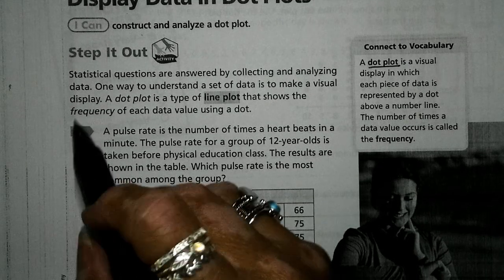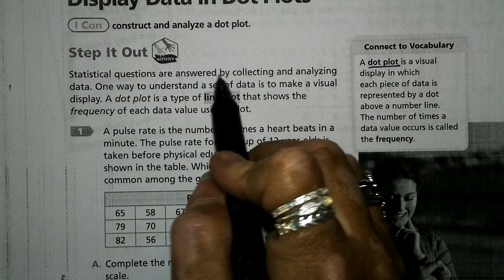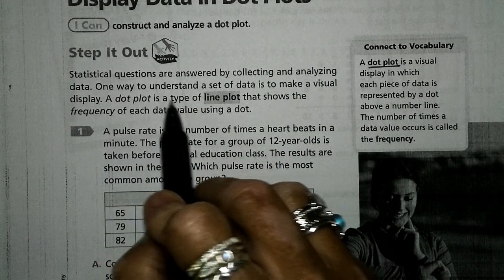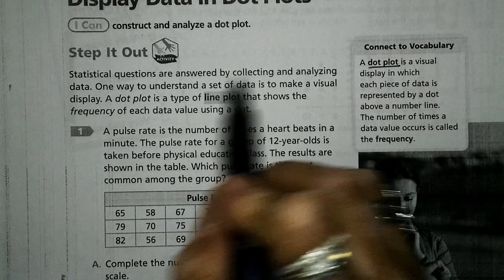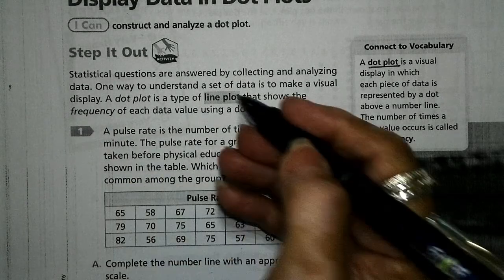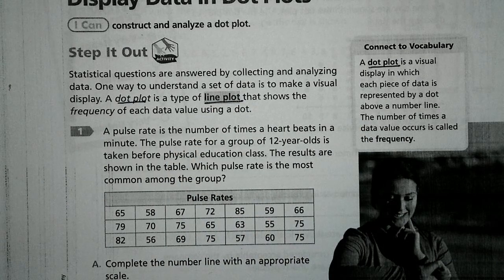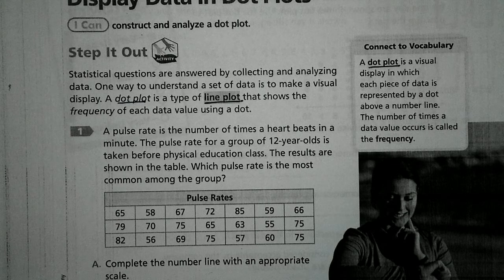Statistical questions are answered by collecting and analyzing data. One way to understand a set of data is to make a visual display. A dot plot is a type of line plot that shows the frequency of each data value using a dot.